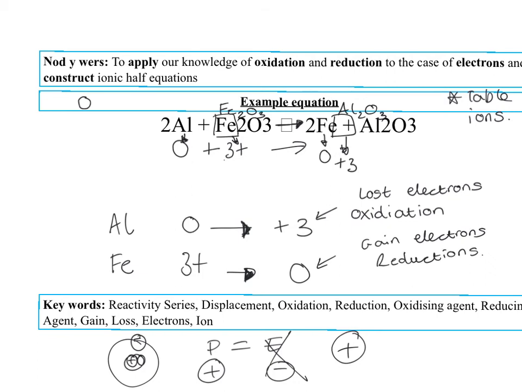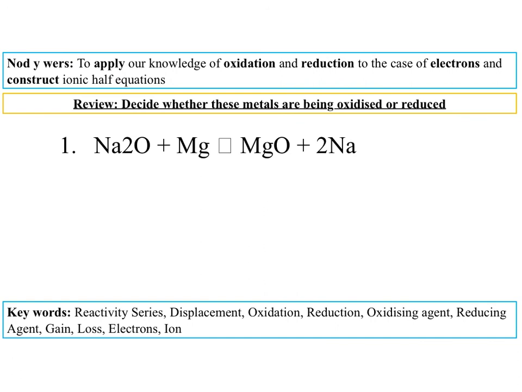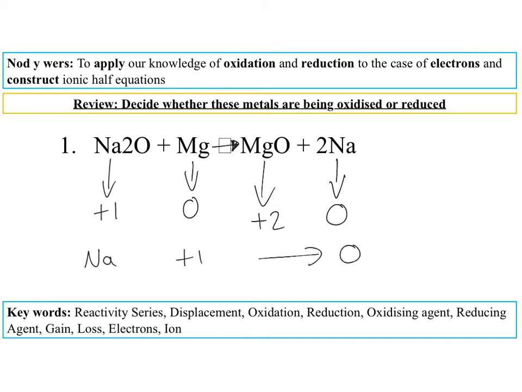Okay, so I'm going to have a go at another one with you. I'll do this one with you, and then you can have a go at a couple on your own. So elements on their own, 0. Then if I look on my periodic table, sodium is +1, magnesium is +2. So sodium is going from +1 to 0, so it's gaining electrons.